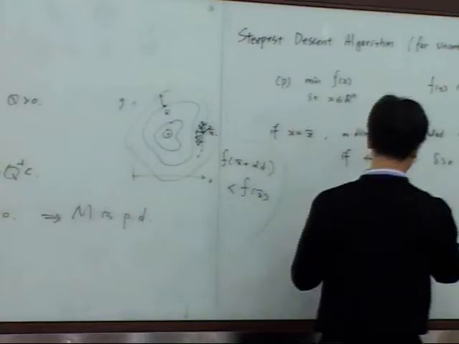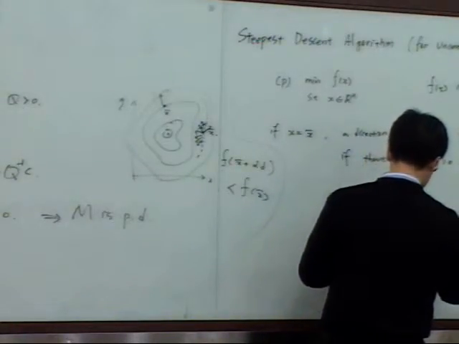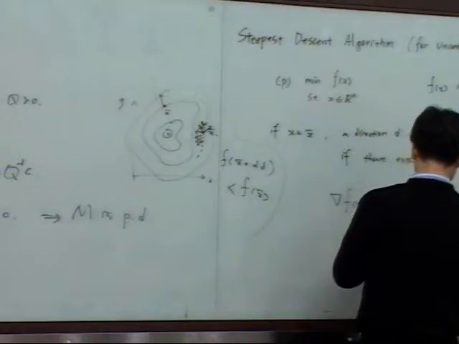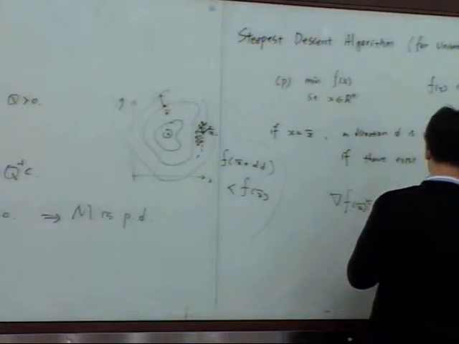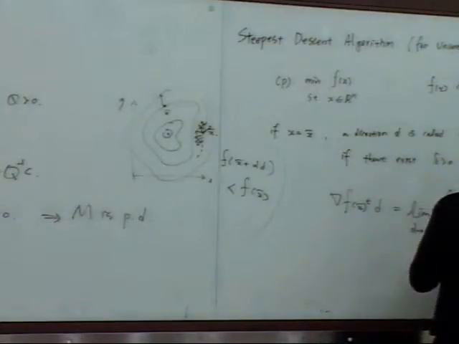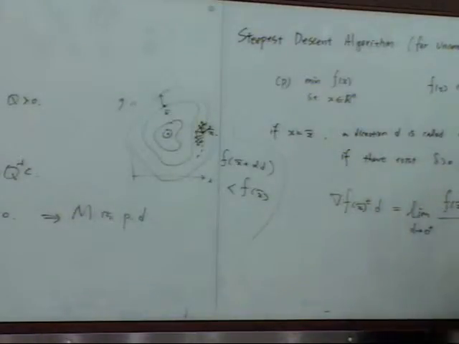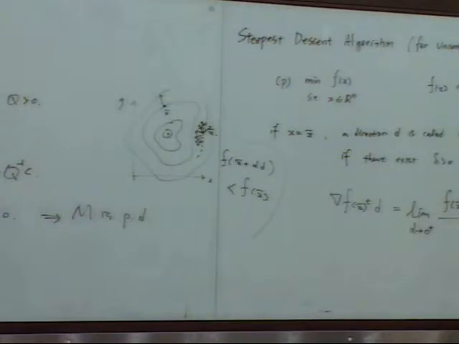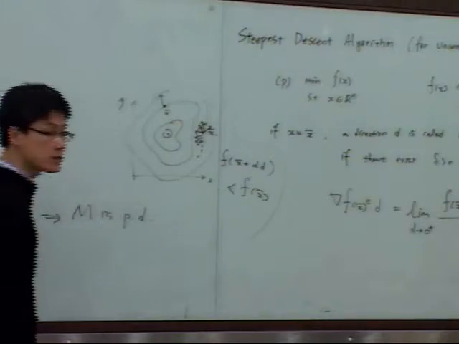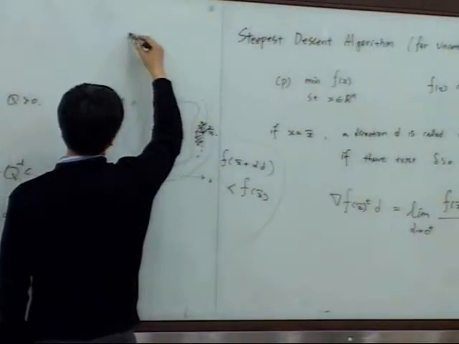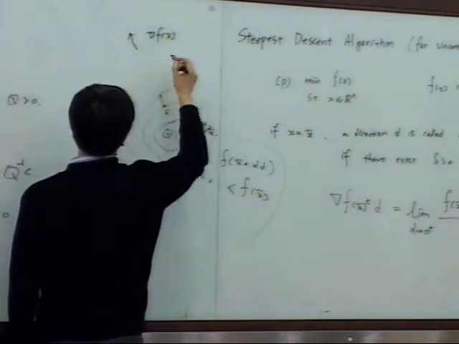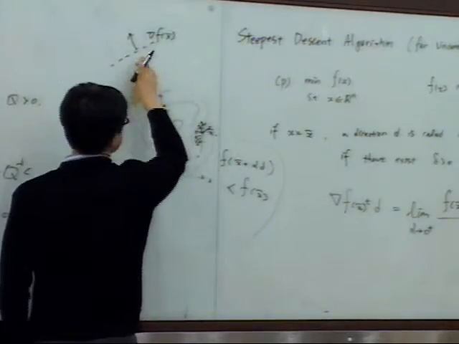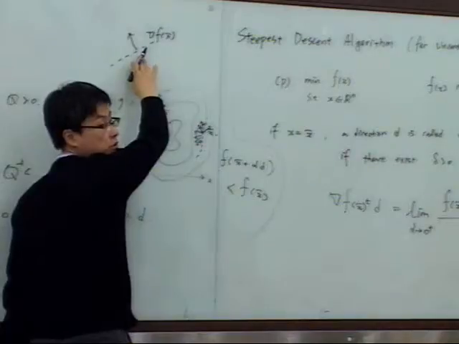It's always defined as: if the inner product of this gradient vector with this direction d is less than 0, which means, this is the gradient, this is the tangential line at this contour.